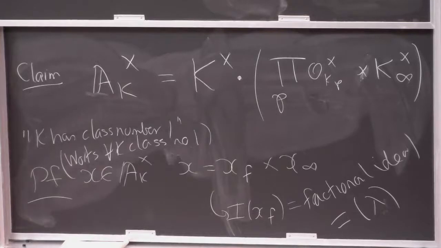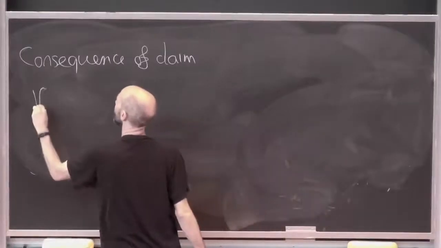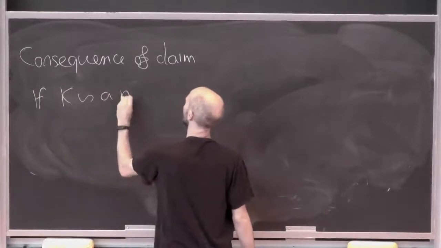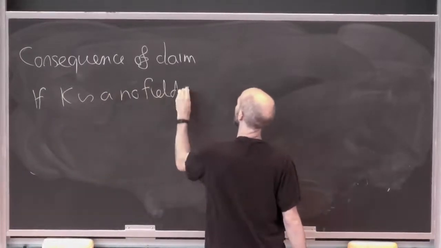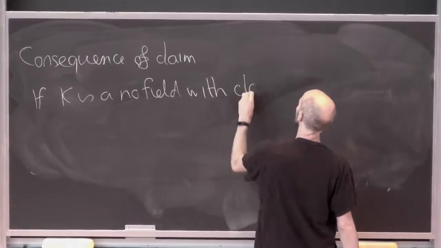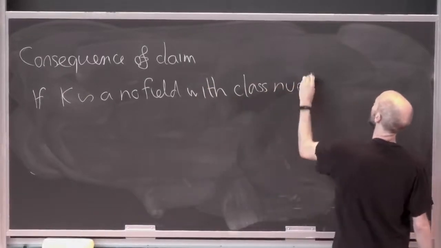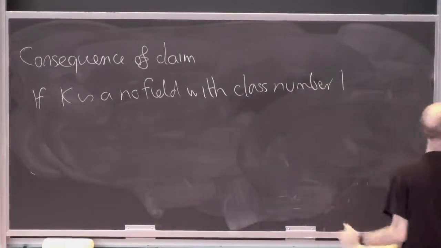So a consequence of this claim: if K is a number field with class number 1, we'll come back to Q of i in a second.